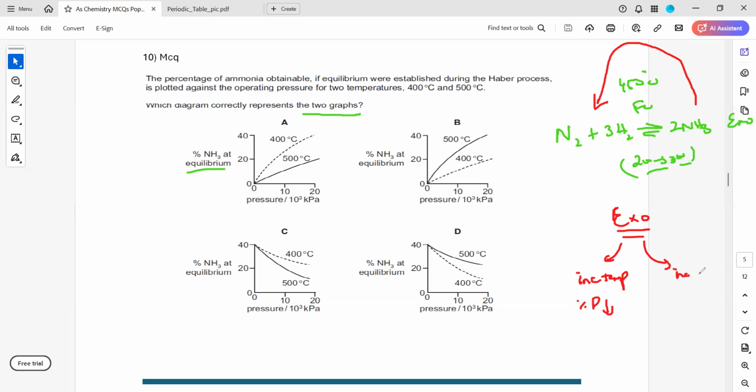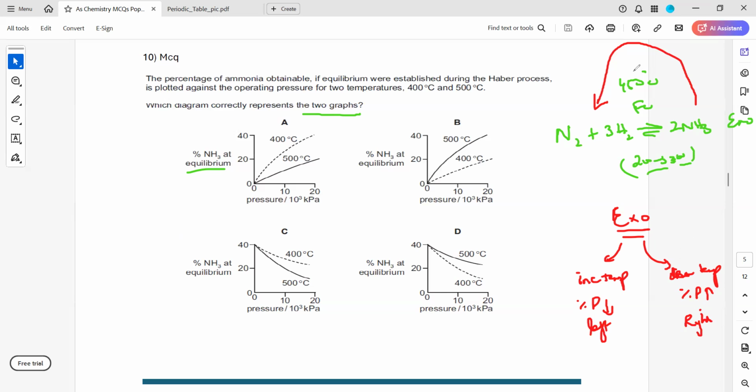And if you decrease the temperature, the percentage of product will increase, because the equilibrium will shift towards the right hand side. Here the equilibrium will shift towards the left hand side. So first thing, at low temperature we'll get a higher yield, and at high temperature we'll get a lower yield.